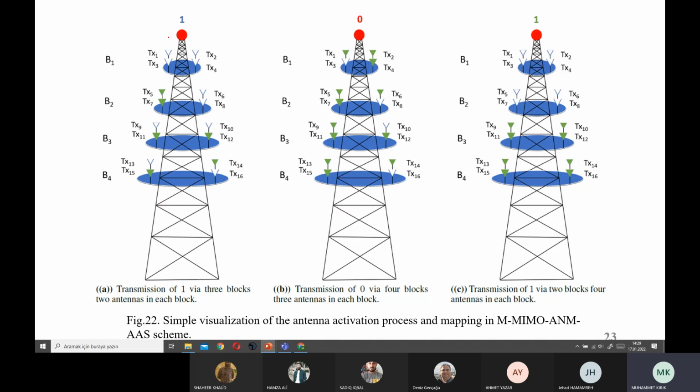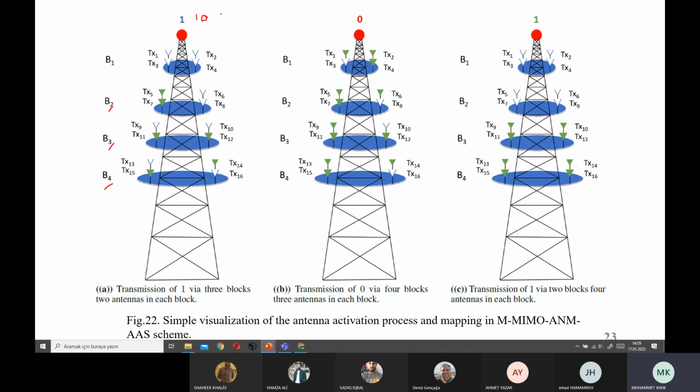We said we are going to be transmitting 1, and we said our BNM bits are 1, 0, which means we are activating 3 blocks, and we just see that the highest channel coefficient offering blocks are the B4, B3, and B2. We are activating this. We are not activating this block.